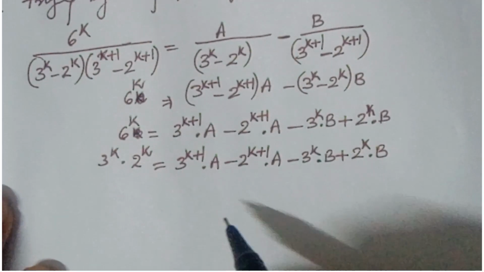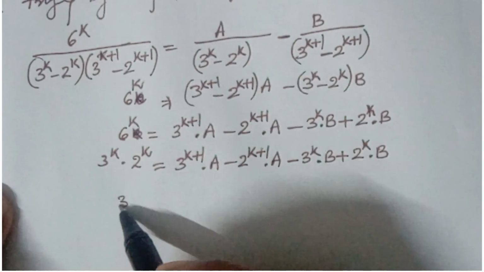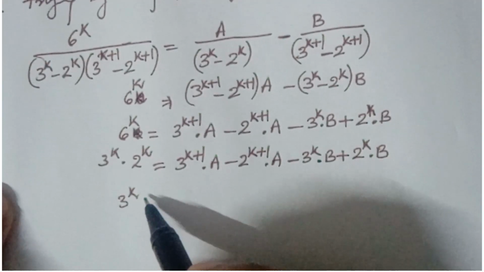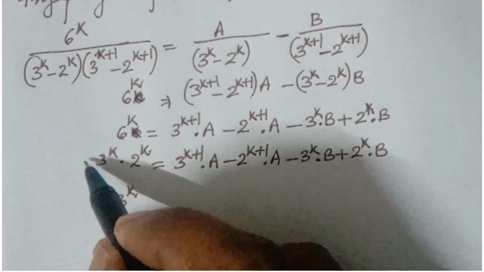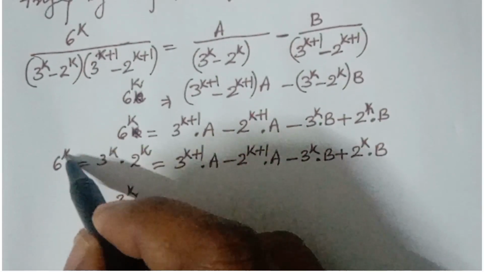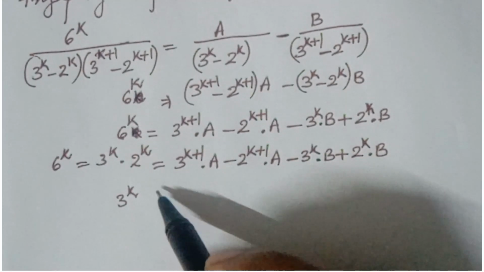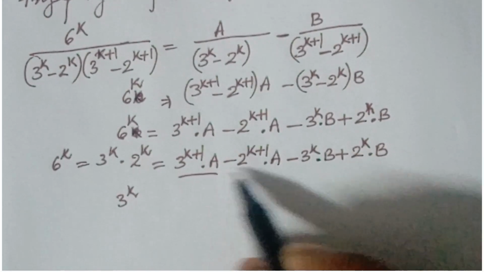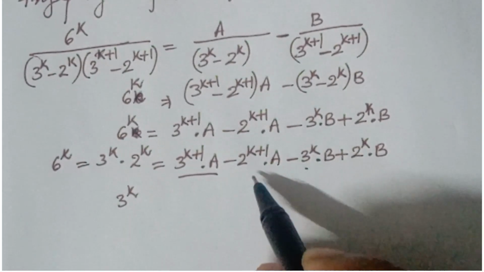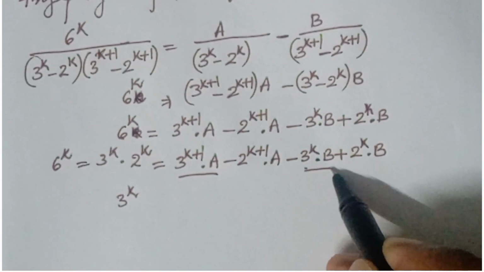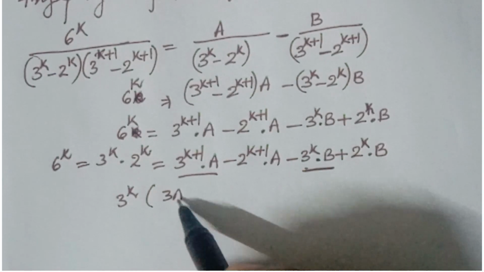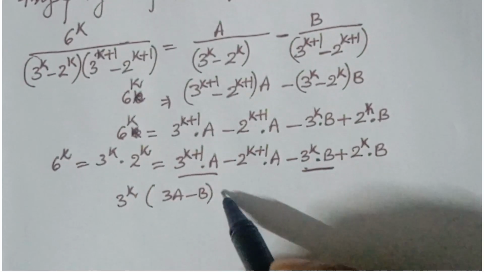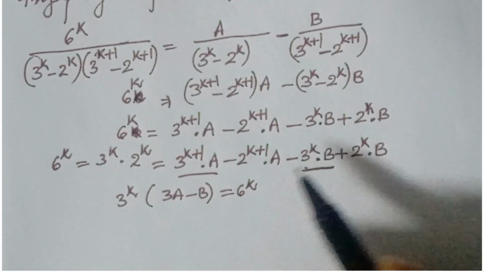Now here, if you take 3^k common, 3^k into (3A minus B) is equal to 6^k.